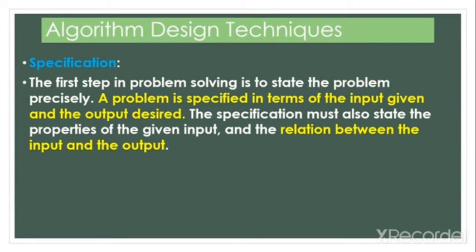When you apply those properties, you will get the desired output. So this is the relation between the input and output. So specification has to give the inputs, tell the desired output, and mention the relation between the input and output.